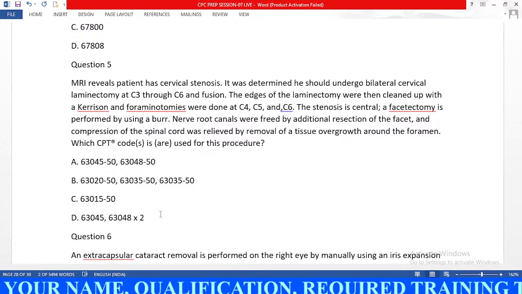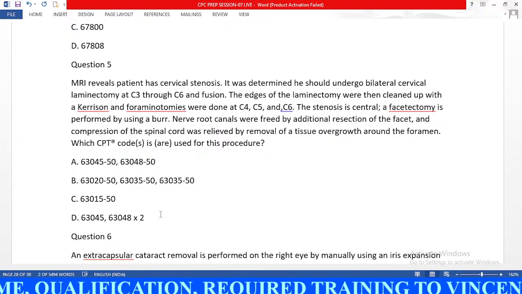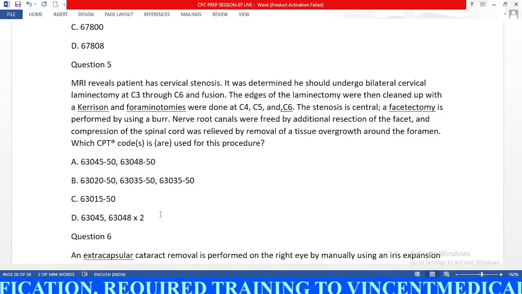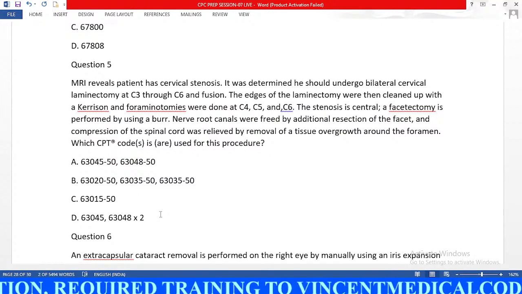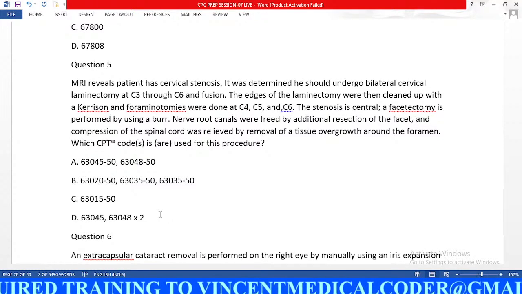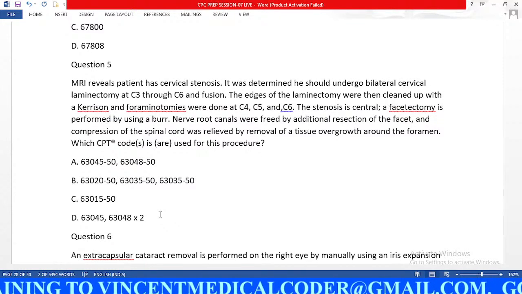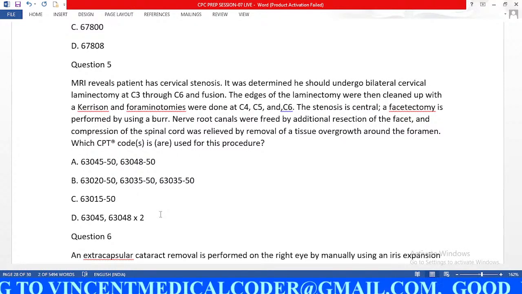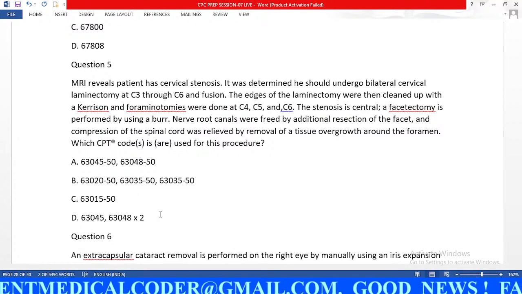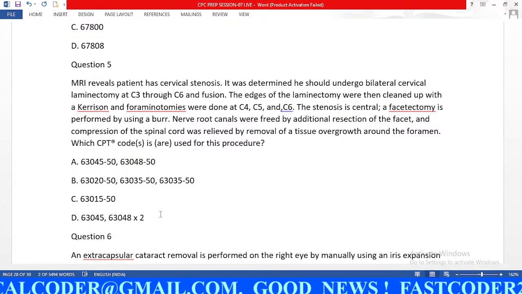So all of you try to write the answer. There are no negative markings here. Good Dhanasri, keep it up. Pravalika is also trying well, and Rohit also. As spine procedures are a little bit complex, if you write the answer, you can think about your answers one more time. We have enough time to think about this question.